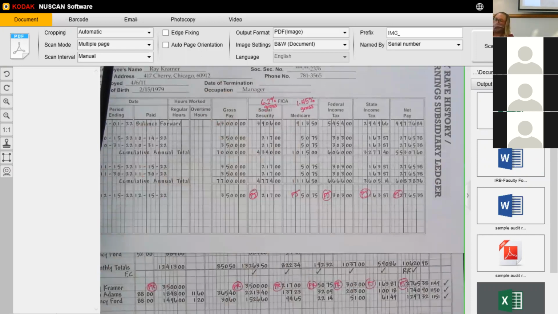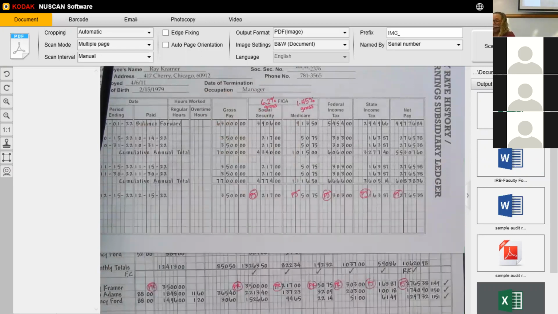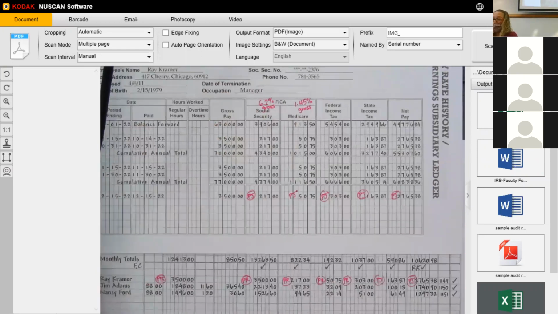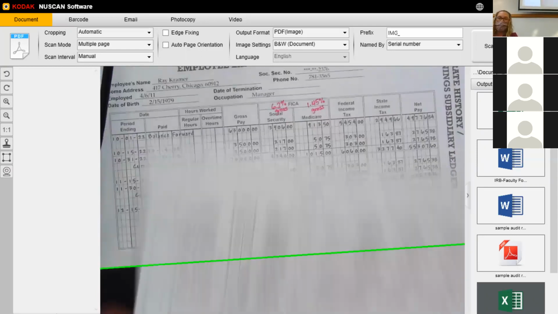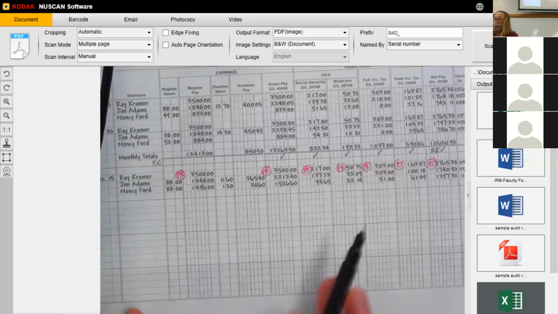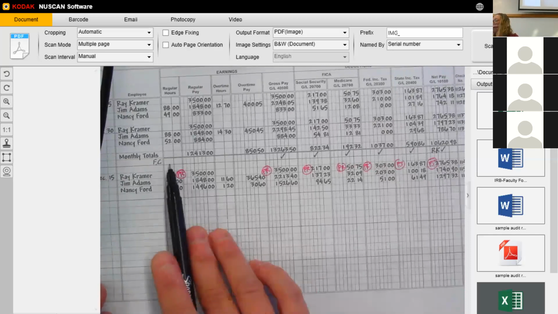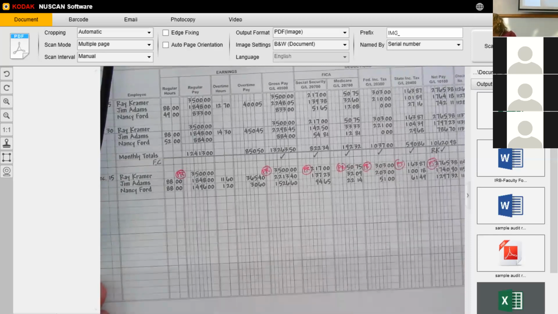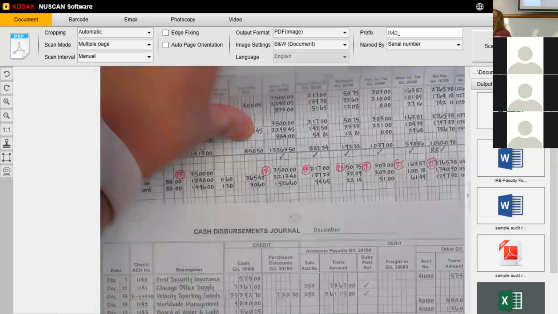Let's take a look at now the cash. Okay, and if we were to summarize on the monthly basis, which we'll do at the end of the month when we record their total payroll for the month, we would take this number here for the monthly total, and we would then go on to write checks to the respective people who are owed money.